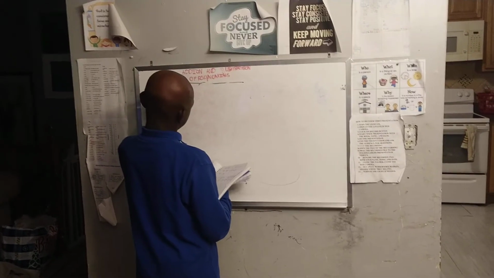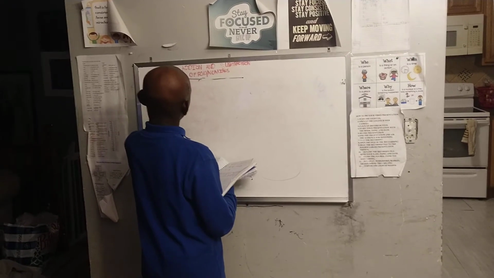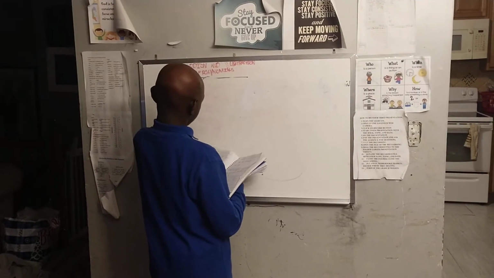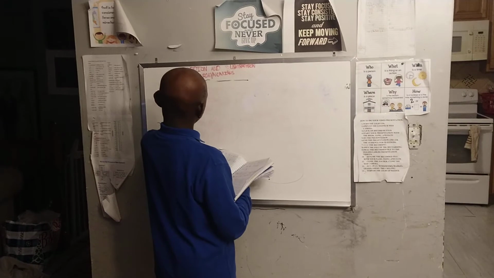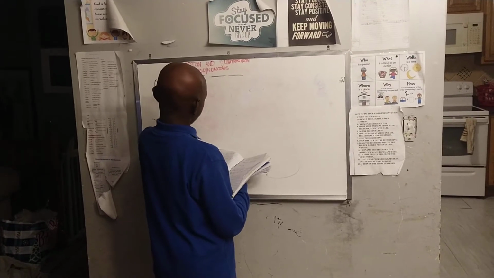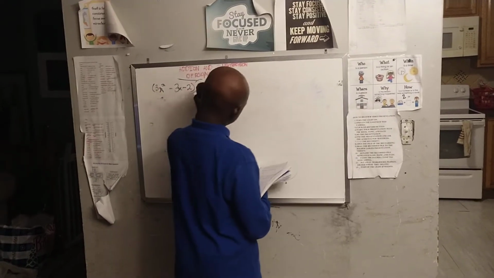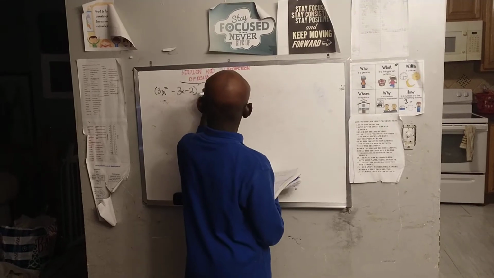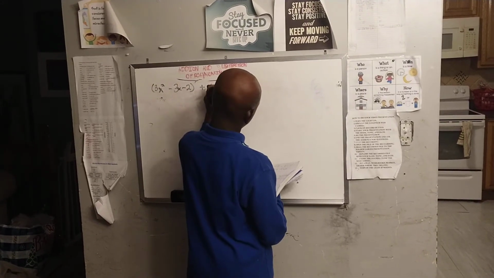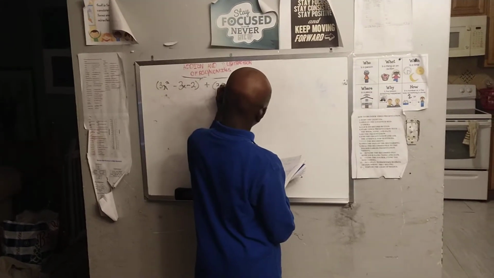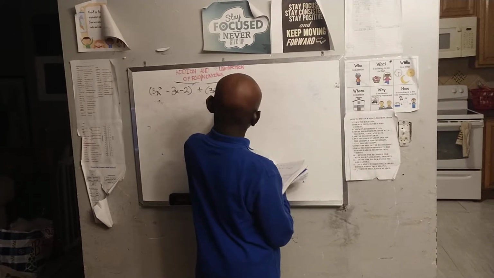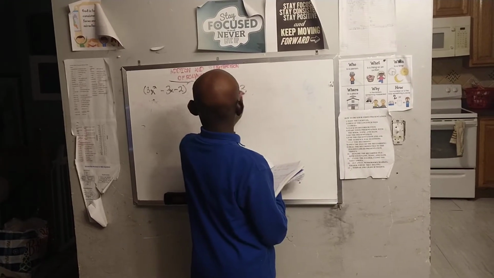The quantity 3x squared minus 3x minus 2 plus 3x squared plus 4x minus 3.